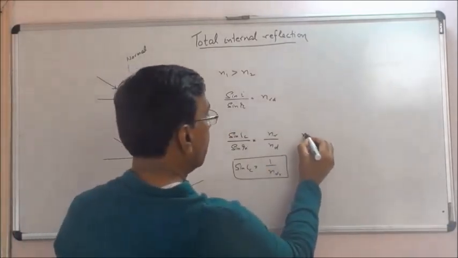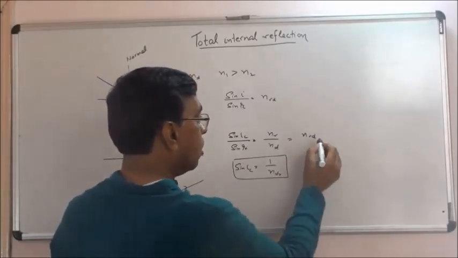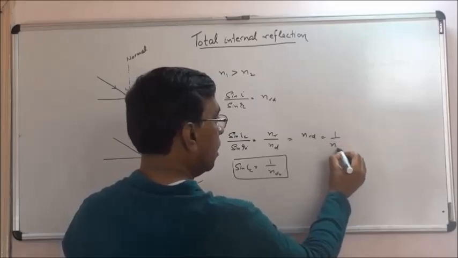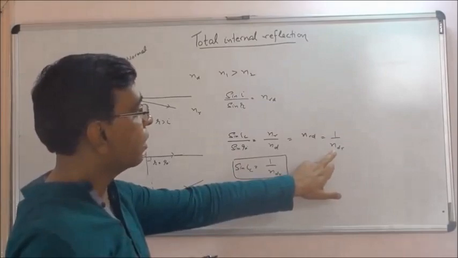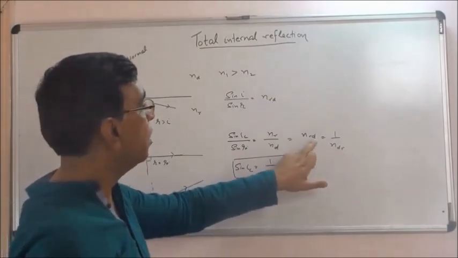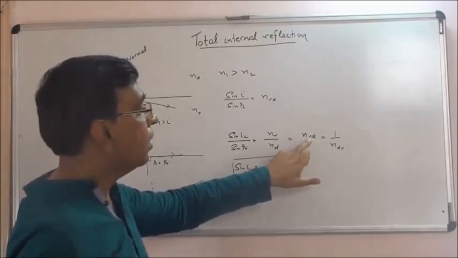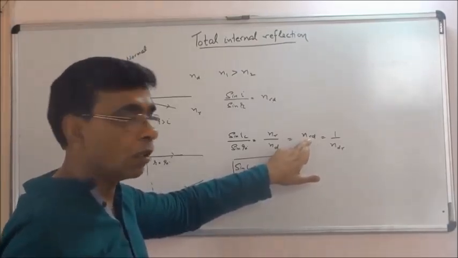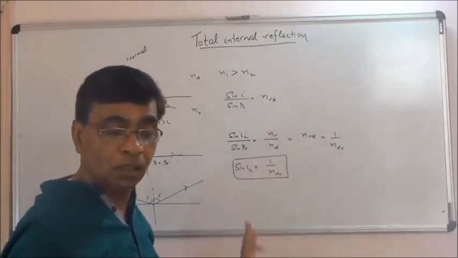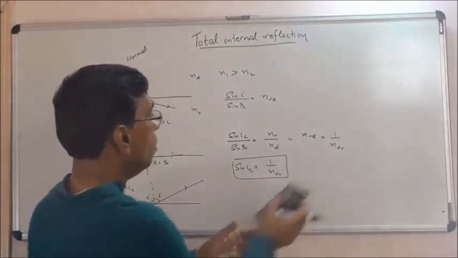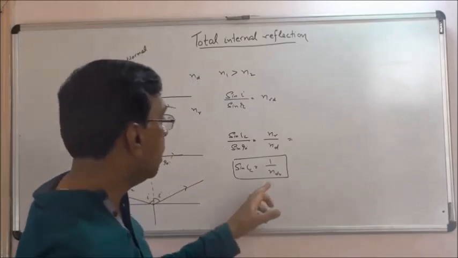I can even write it NRD or NDR, right? Refractive index of the denser medium with respect to the rarer medium, refractive index of the rarer medium with respect to the denser medium. The refractive index of the medium for which you are calculating is in the numerator, and the one with respect to which you are calculating comes in the denominator. So this is how the critical angle can be calculated.